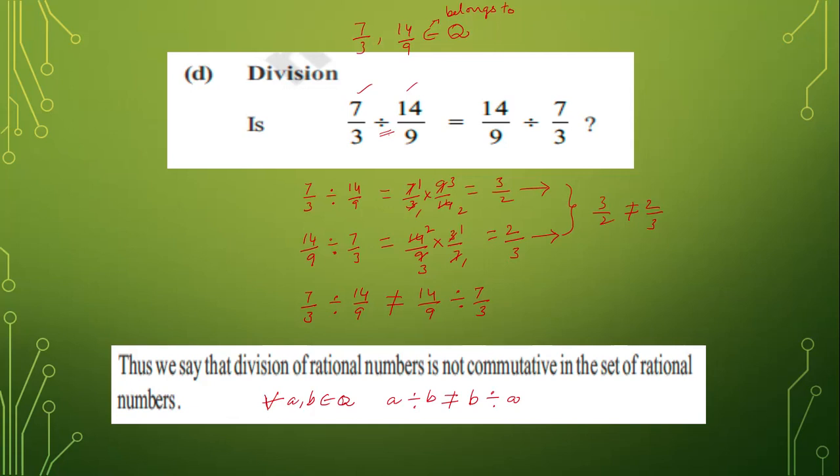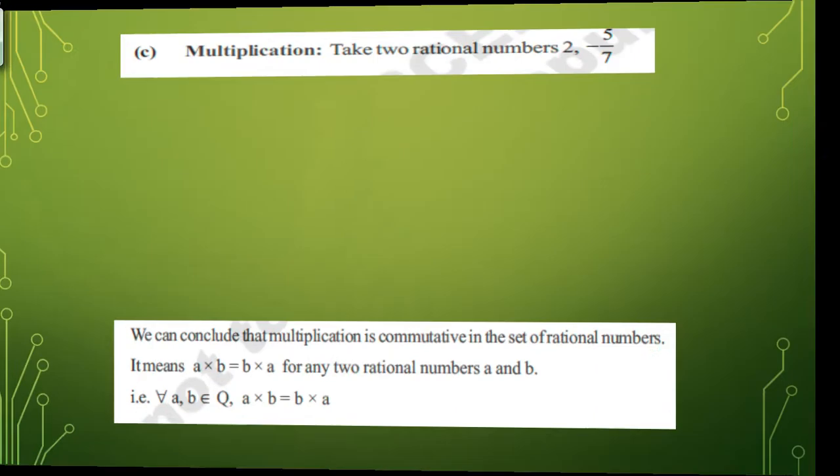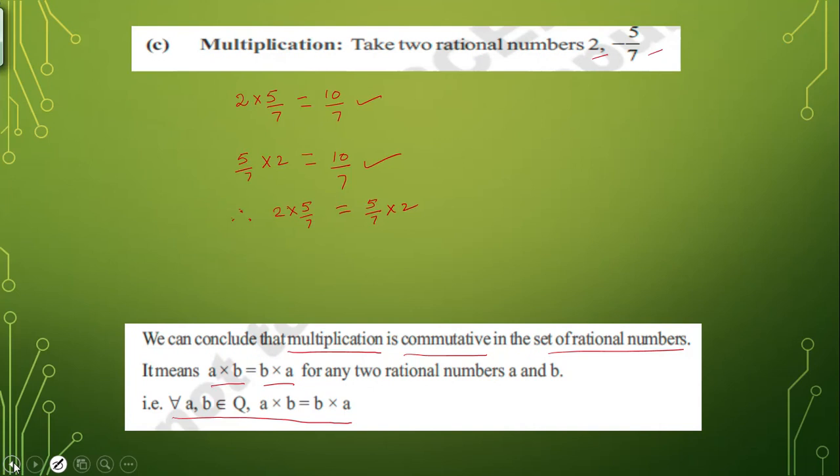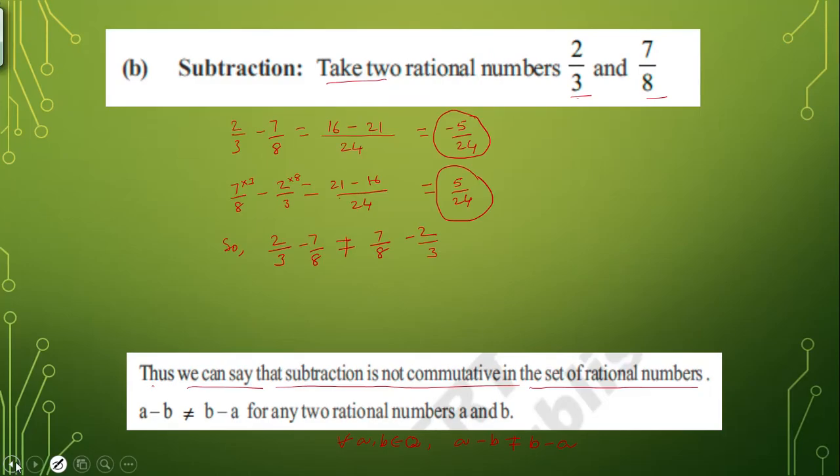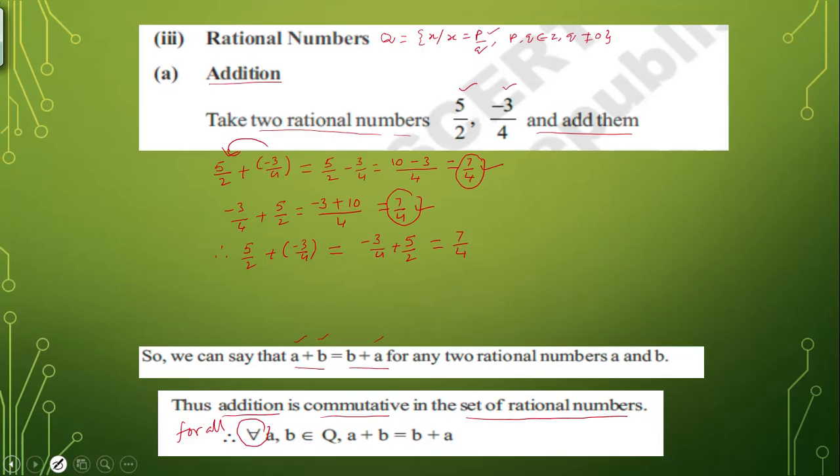Altogether, what you observe, you look there, in addition, the rational numbers are commutative. You look at the bottom line.